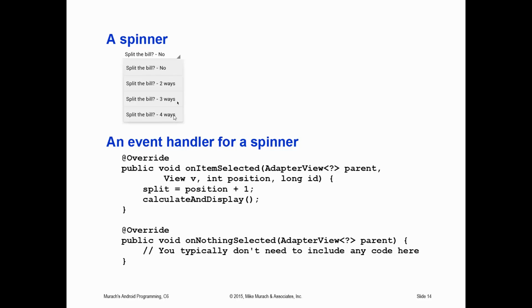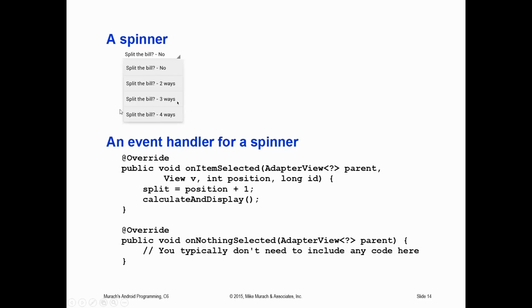Here, we implement the onItemSelected listener nested within the adapter view class and wire it to the spinner. In this example, the onItemSelected method is executed when the user selects a new item from the spinner.